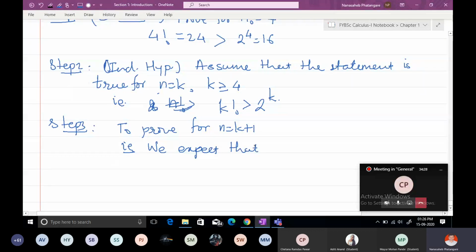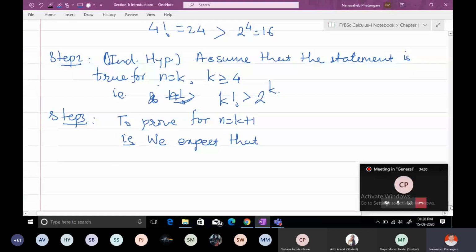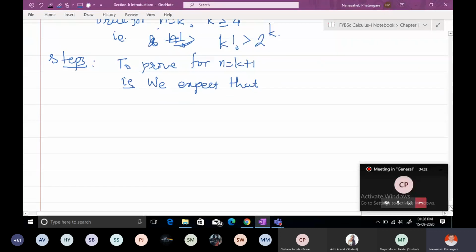We are assuming for k and we are expecting what? k plus 1 factorial is greater than 2 raised to k plus 1. This is what we expect. Okay, now let us start with k plus 1 factorial. This is what we want.